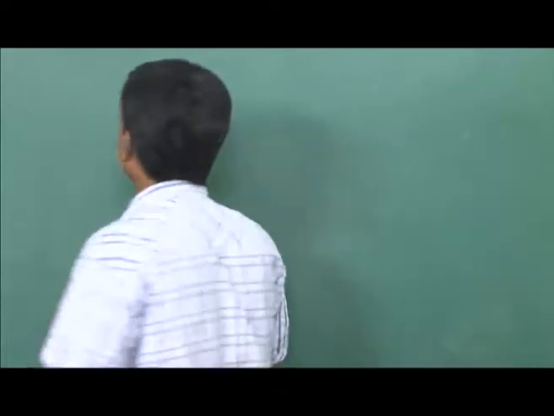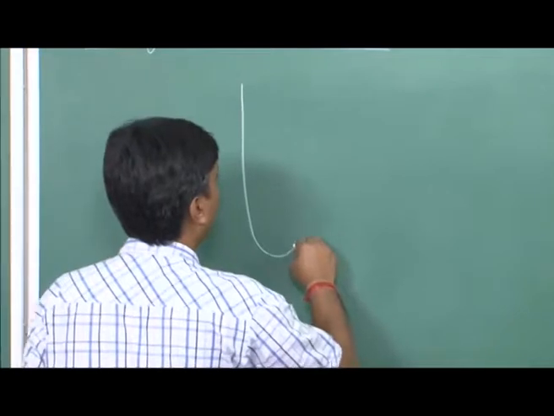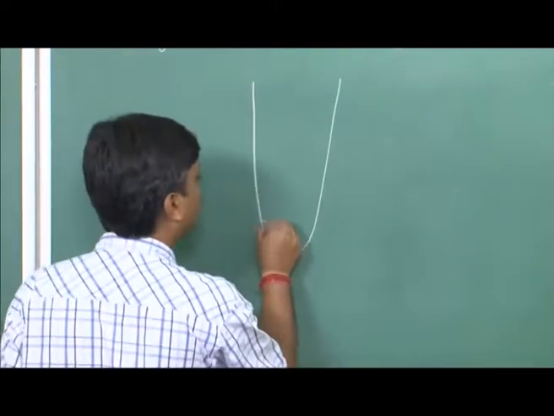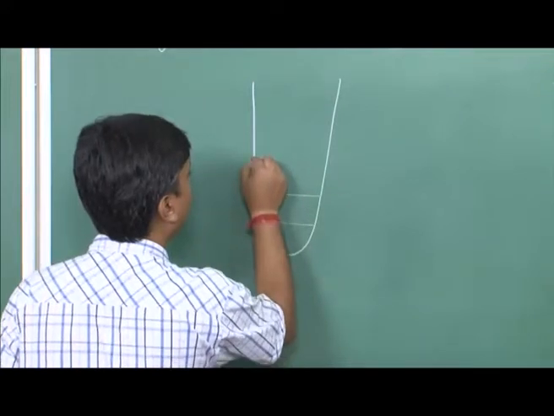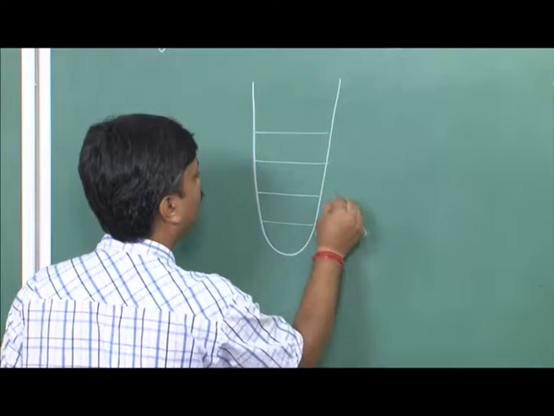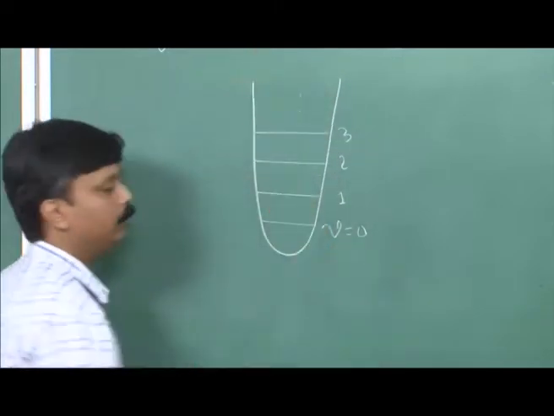If we restrict ourselves to a simple harmonic oscillator, then these are different vibrational levels, and you can keep on going up, right.